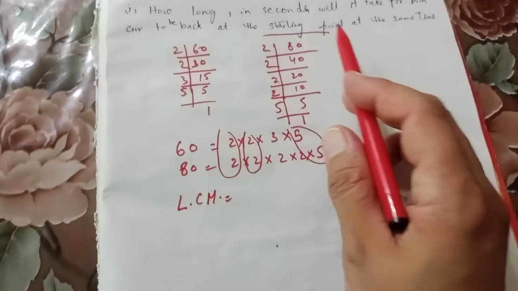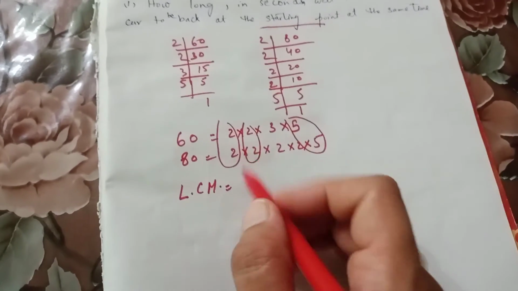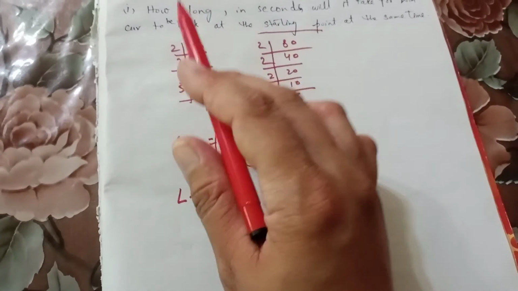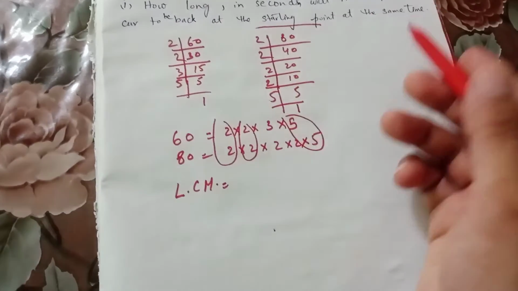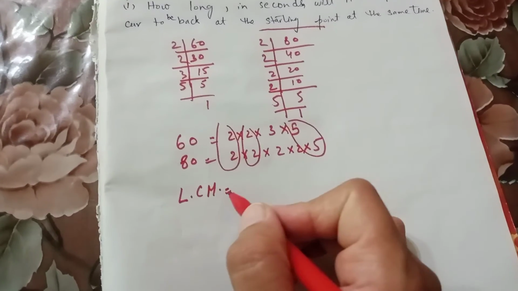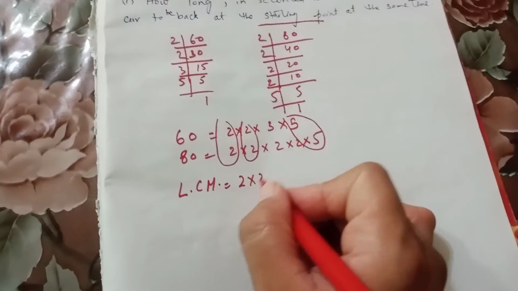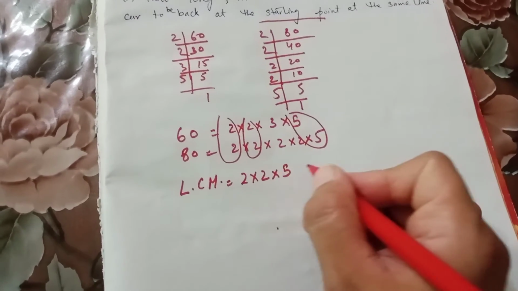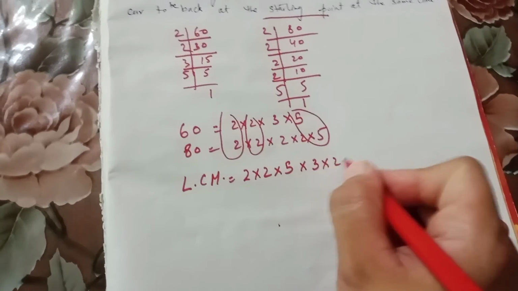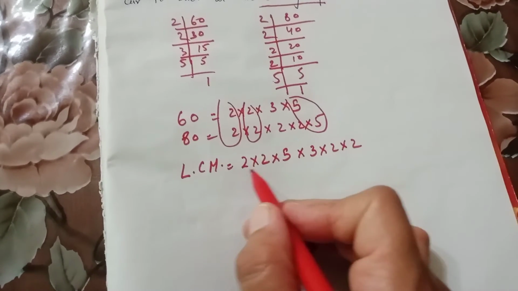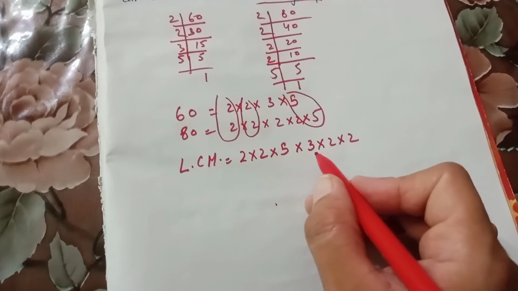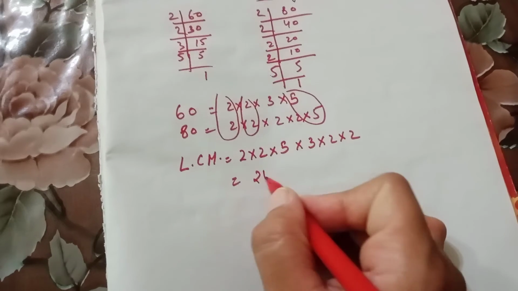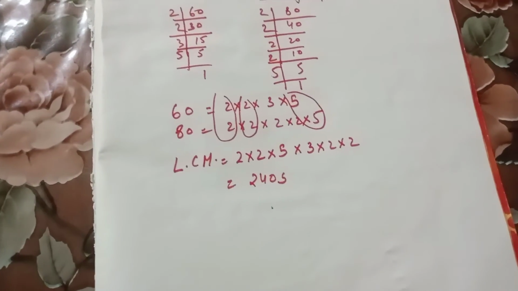The cars meet at the starting point at the same time, so I have to find LCM: common factor and not common factor. 240 seconds.